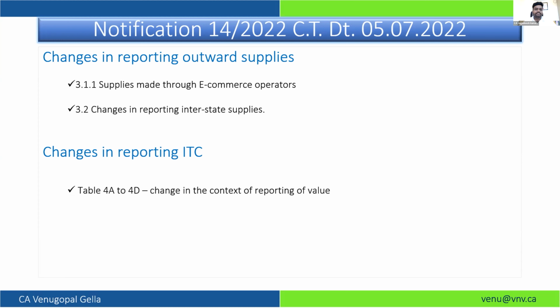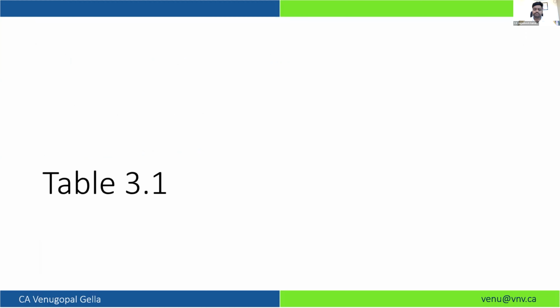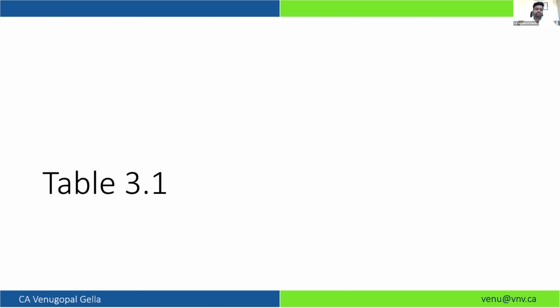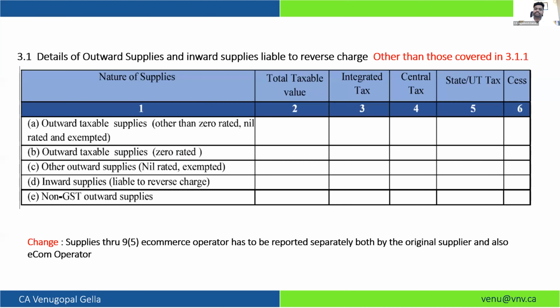Let's see what the changes are with respect to the reporting of outward supplies. There are not many changes. I will go table by table and we'll see what the changes are in each. Let's see the first table, table 3.1. There is not much change in this table.